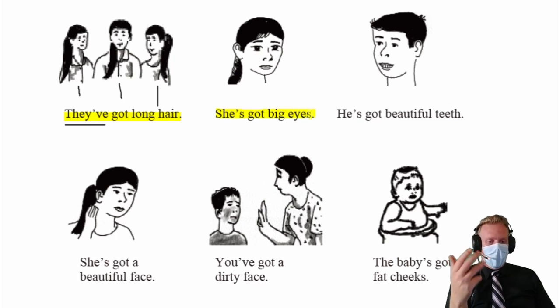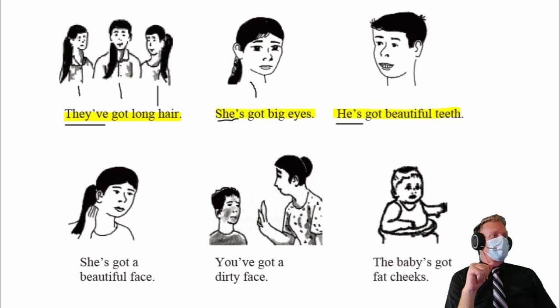She has got big eyes. She, because it is one girl. Yes, one lady, one girl is has. Right, let's take a look at the next one. Is the same. He's got beautiful teeth. He's we use for a boy or for a man. And he is one person, so we use has.